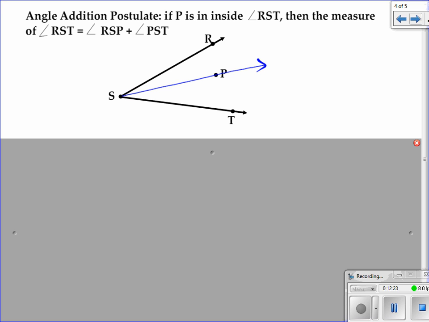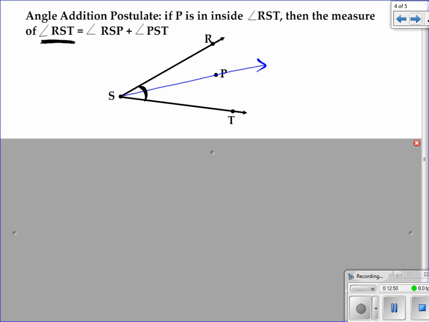We're going to color code some of this. So I'm going to underline, kind of make a key here. I'm going to highlight this angle with a black arc. So if we follow those 3 letters, this is one of those situations where we have 3 letters for naming an angle. Remember, if you trace along the letters in order, it will draw the angle. So R, S, T, that's talking about this whole angle right here, RST.